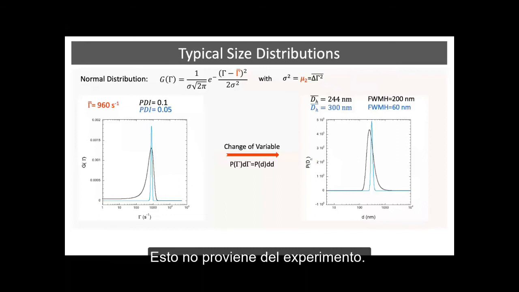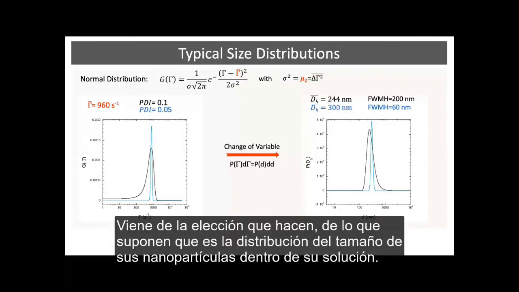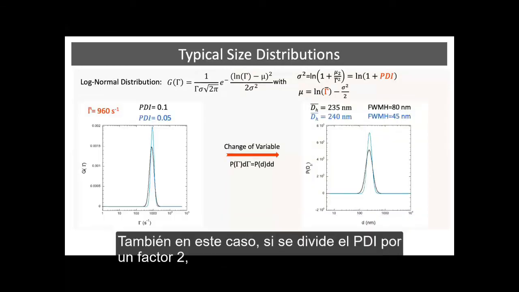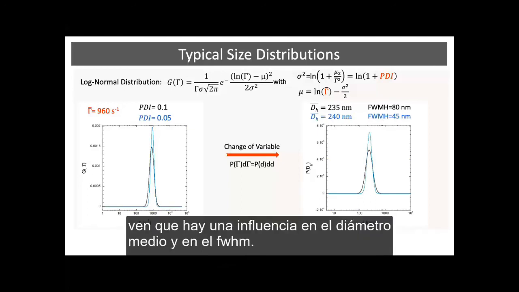And this does not come from the experiment. It just comes from the choice you make of what you assume as a distribution of the size of your nanoparticles inside your solution. And here again, if you reduce the polydispersion index by a factor 2, you see that you have an influence on the parameters you calculate.